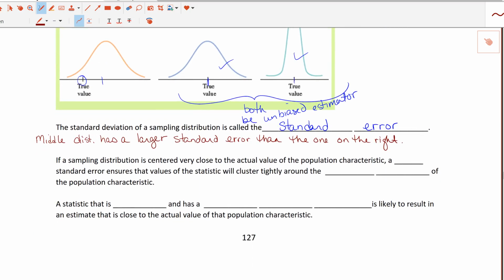If a sampling distribution is centered very close to the actual value of the population characteristic, we say a small standard error ensures that the values of the statistics will cluster tightly around the actual value of the population characteristic.